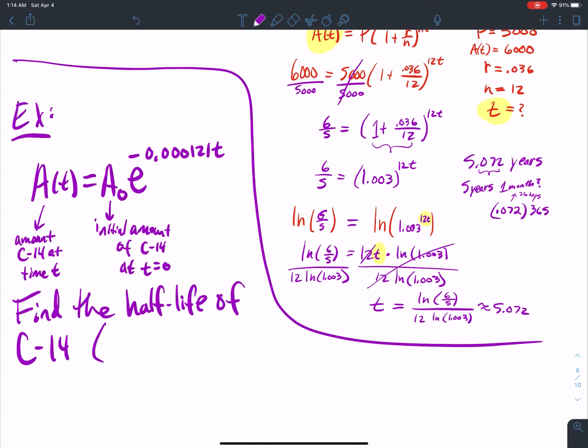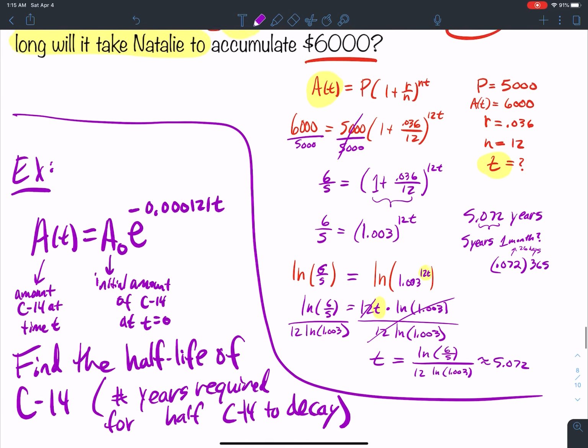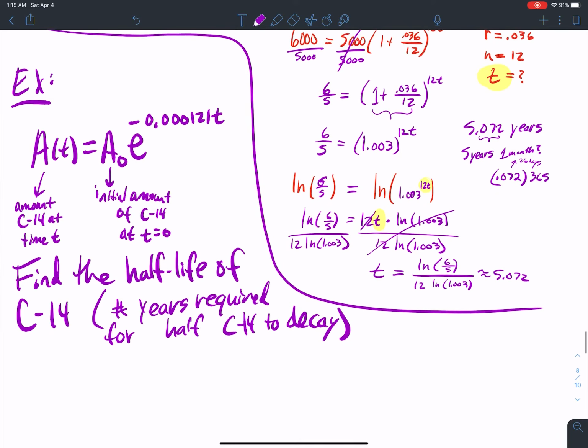Okay, so this is the number of years required for half of carbon-14 to decay. So you've got the equation. Now we're going to figure out what the half-life is. Okay, so how do we do this?